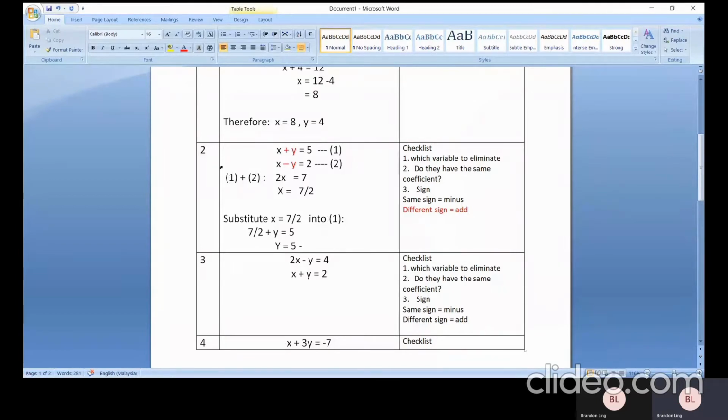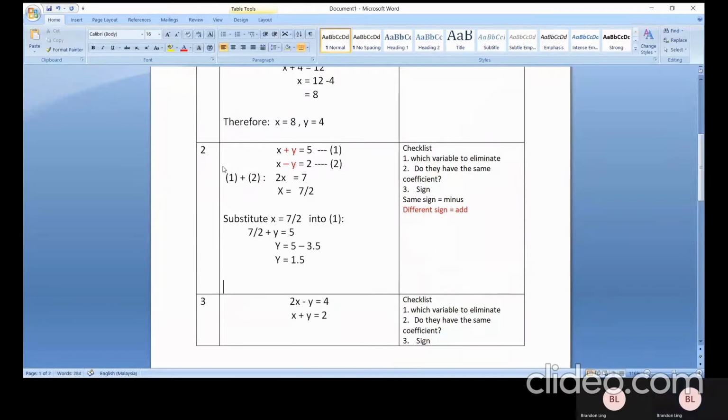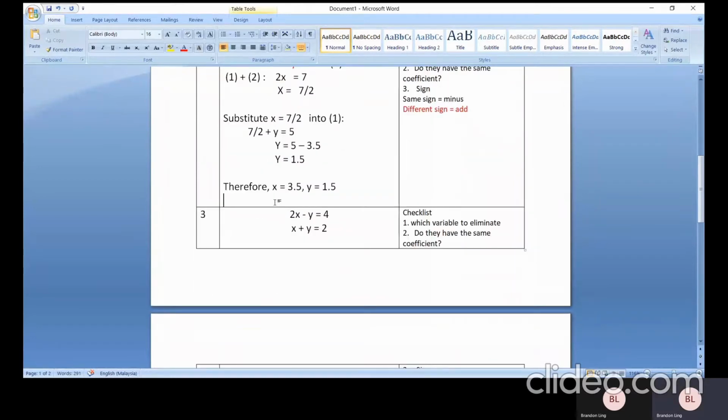Okay, so 7 over 2, you get 3.5. Therefore, you can get y equal to 1.5. Therefore, the answer will be x equal to 3.5, y equals to 1.5. Now we move on to question number 3.